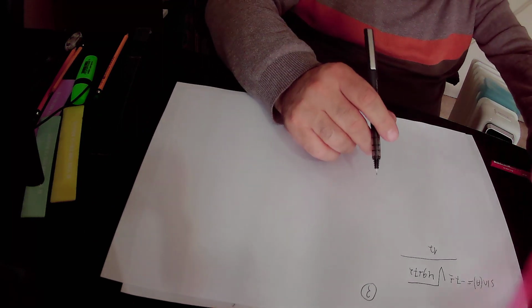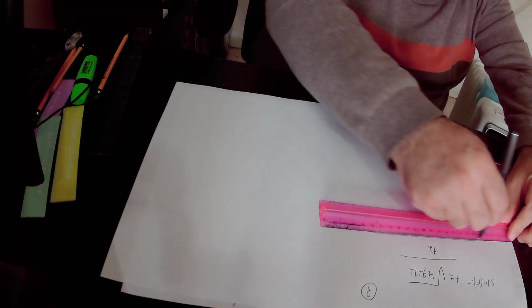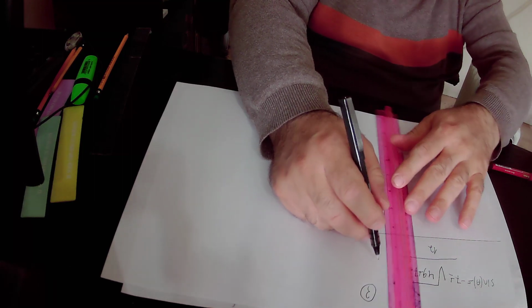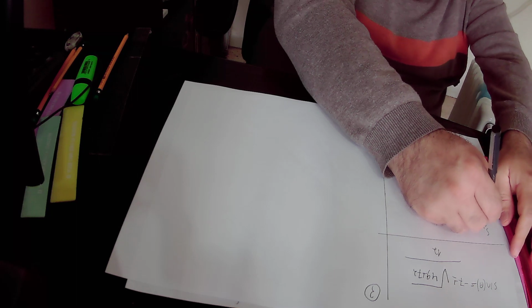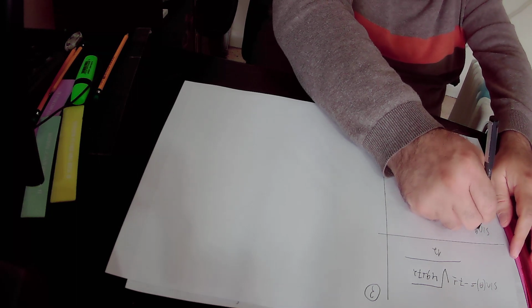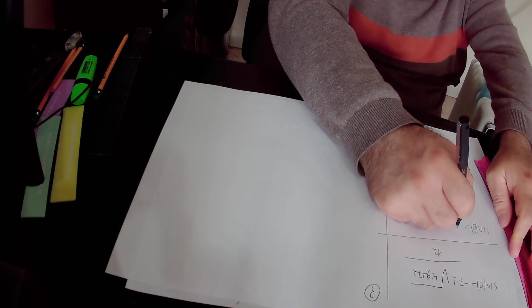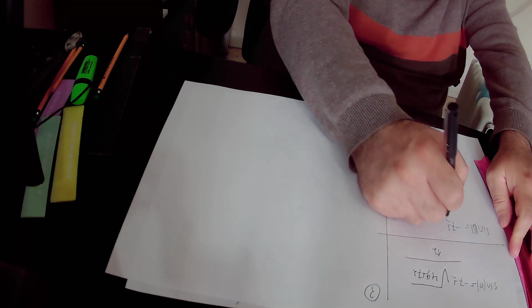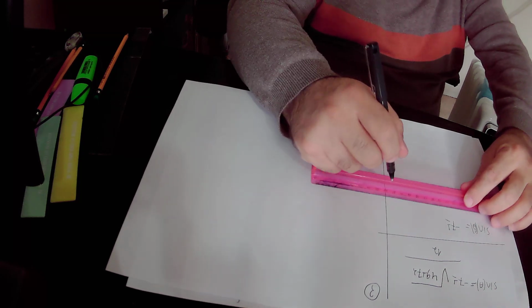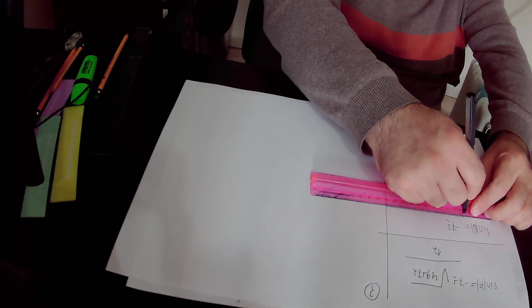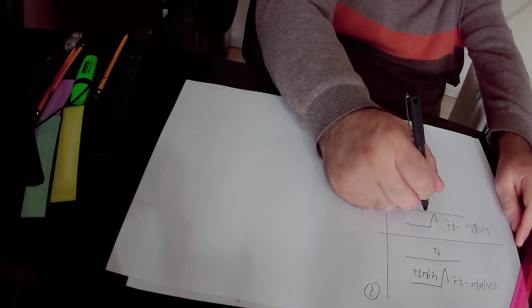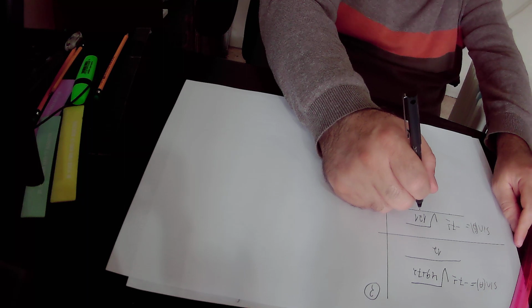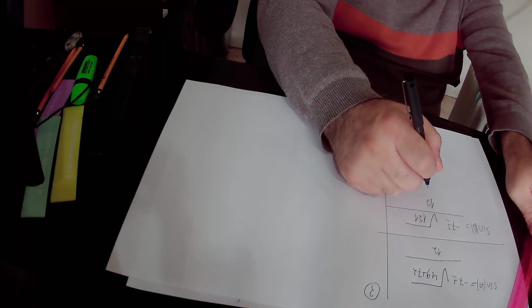So here we have sine theta equals minus 7 plus minus, and inside the root we have 49 plus 72, which is 121, divided by 12.